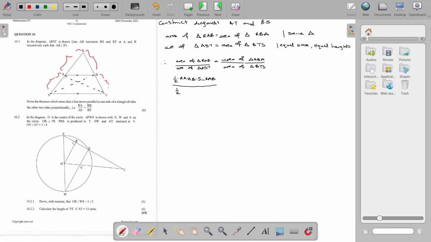Here we are talking of this triangle, so it's going to be AS times ST, then sine of the included angle, which is AST.